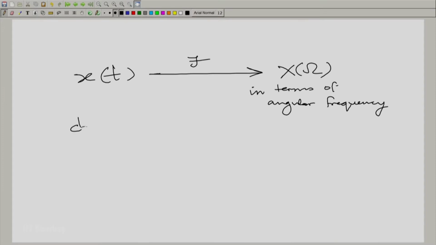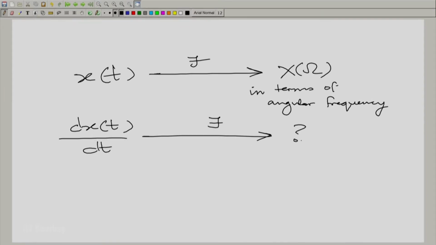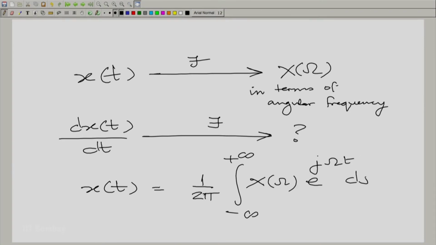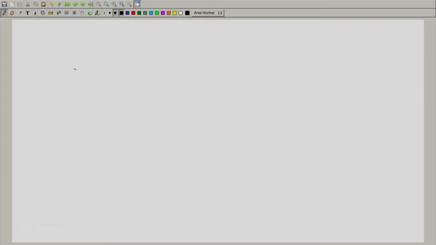We want to find out what is the Fourier transform of dx(t)/dt, and we answer the question by writing down x(t) as an inverse Fourier transform. So, here is an inverse Fourier transform, and now we take the derivative on both sides. When we do that, we get dx(t)/dt is d/dt of the integral.